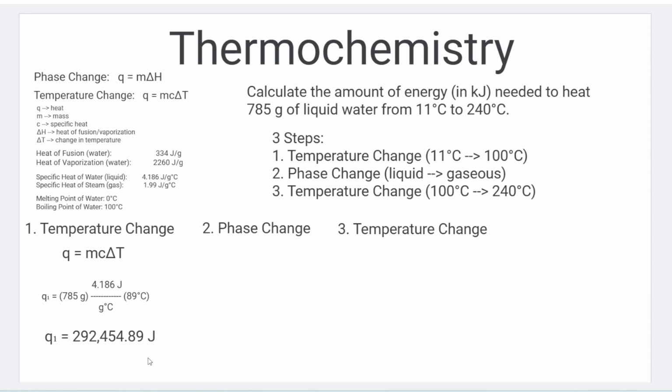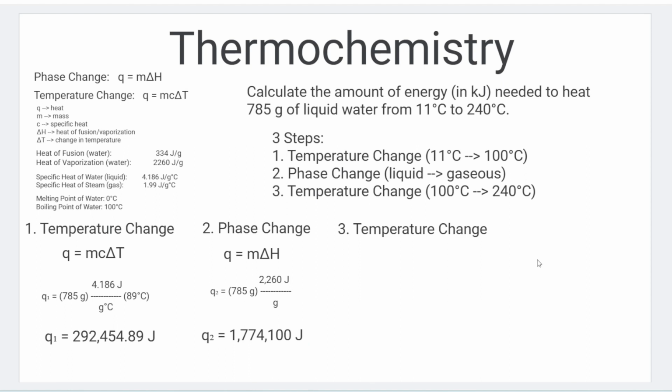The reason why I'm not rounding this value is because we will need to use it for a later step. Now, for step 2, we will look at the phase change. So we will use Q equals m delta H to solve for the amount of heat required to go from liquid to gas. So Q2 will be equal to the mass multiplied by the heat of vaporization of water. And we get 1,774,100 joules.